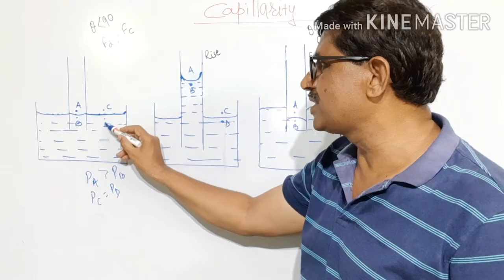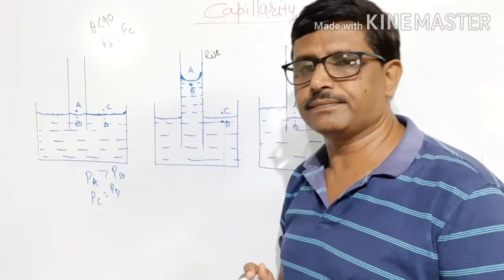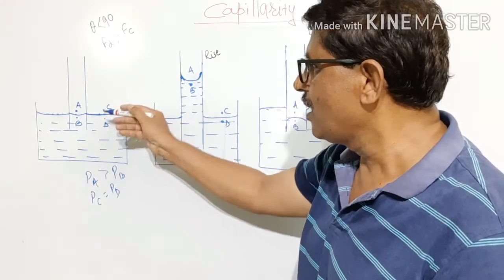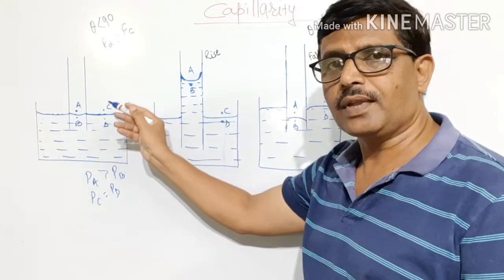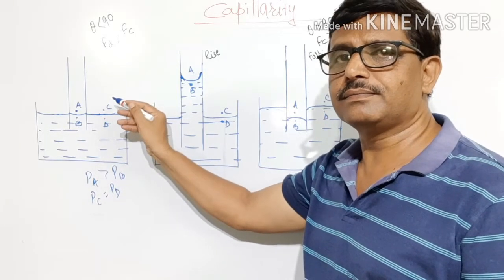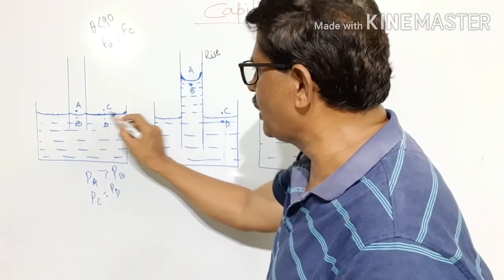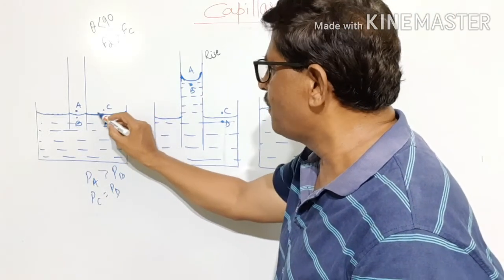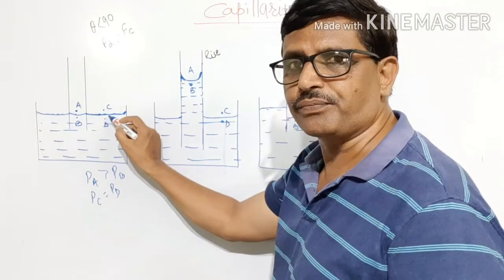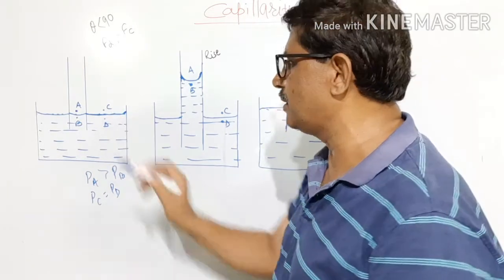Therefore, pressure at C is equal to pressure at D, because these two are on the horizontal part of the liquid. Liquid at the point of contact is concave, but at the rest of the surface the liquid is horizontal.